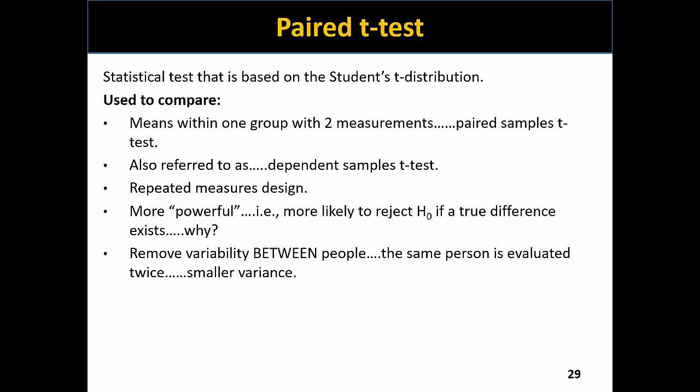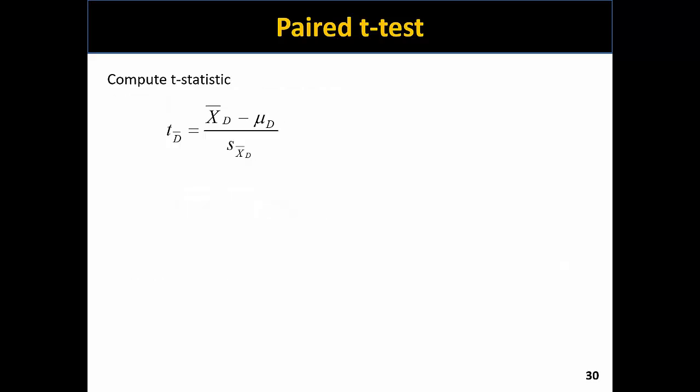In terms of calculating the t-statistic, this is going to be a little bit of a different approach. We're going to use a table to do this. But what we're calculating is the t-statistic for the differences between the two sets of samples from the same participants.